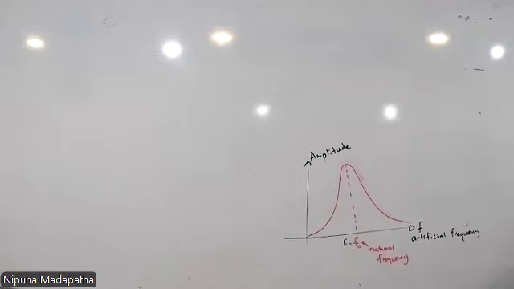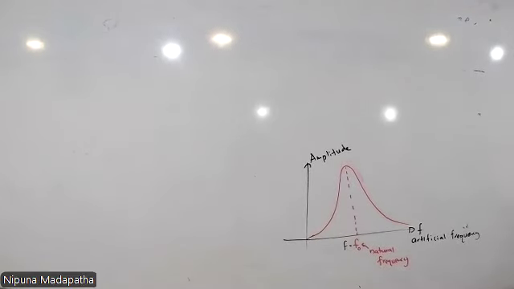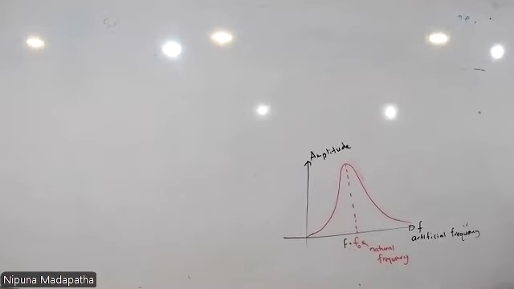Examples of resonance. First one is a child on a swing.